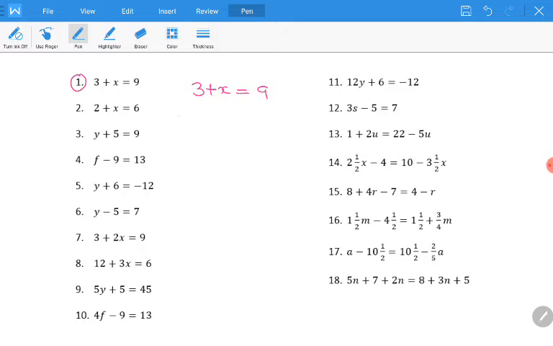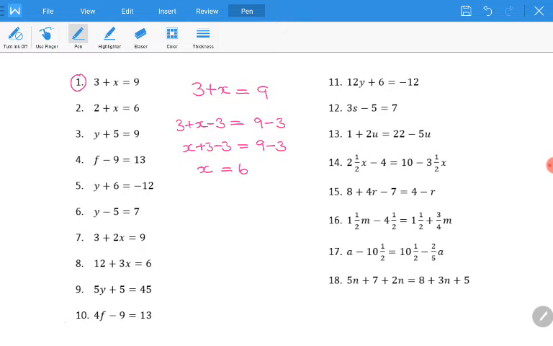So here it will become 3 plus x minus 3 is equal to, because we have subtracted 3 on the left hand side, we are going to subtract 3 on the right hand side. So it's 9 minus 3. So this becomes x plus 3 minus 3 is equal to 9 minus 3. So x is equal to 9 minus 3, which is 6.